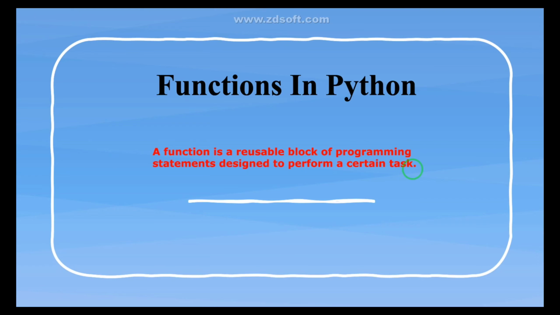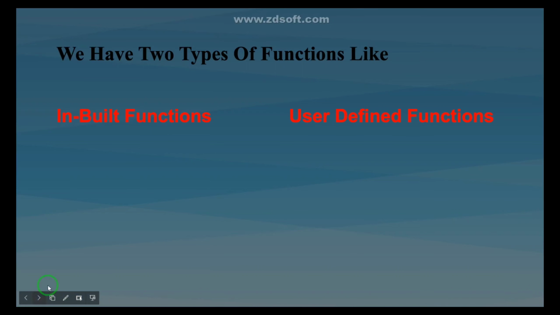Instead, you can put the 10 lines into a function, give the function a name, and simply call that function. So if you want to execute it 100 times or 1000 times, you can simply use the function name instead of writing the 10 lines repeatedly. In that scenario you can go for functions.